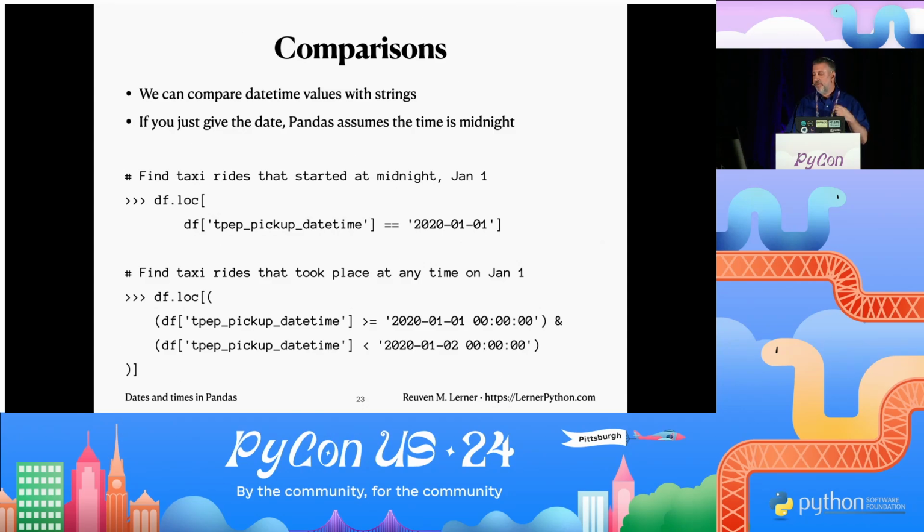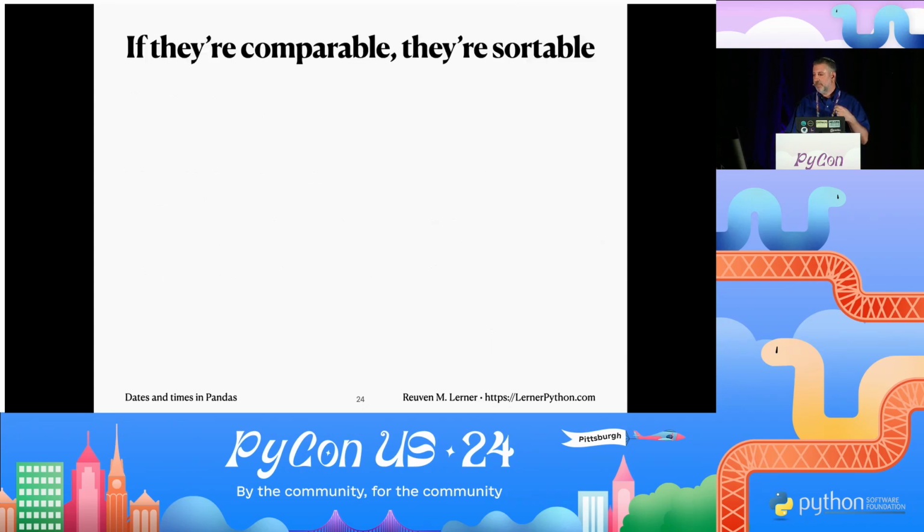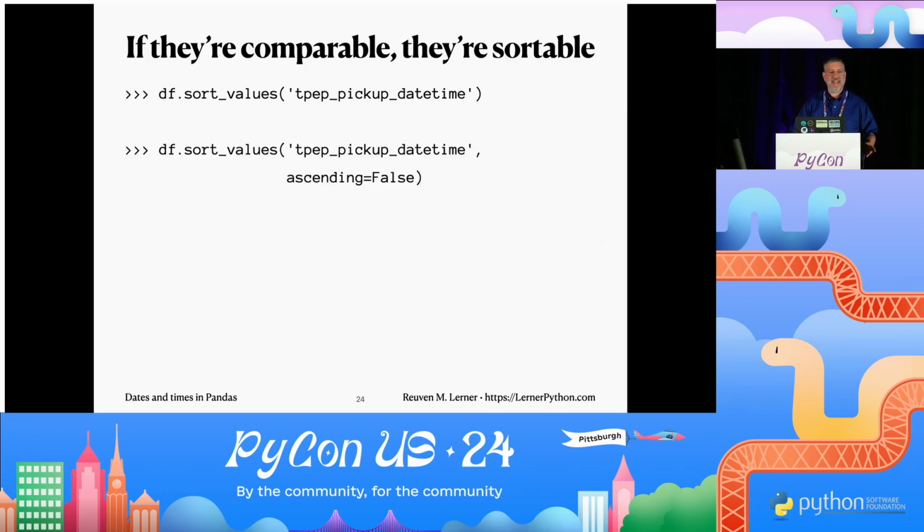And sure enough, I can say here, df.sort_values based on the pickup datetime. And this sorts the entire data frame, meaning it gives me back a new data frame based on the old one, based on df, in which the rows are sorted from earliest date to latest date. I can also say ascending equals False, and then it reverses it. So now we're getting it from the newest date, the latest date, to the earliest one.